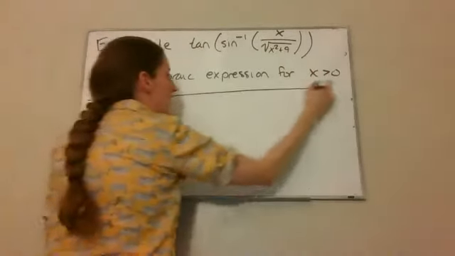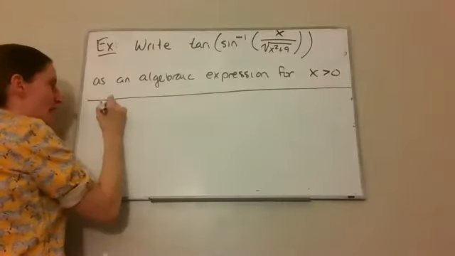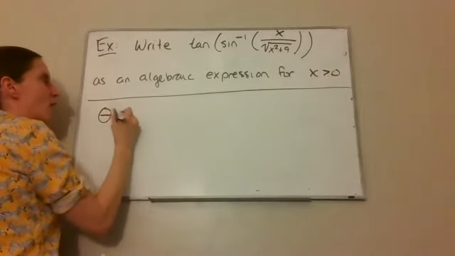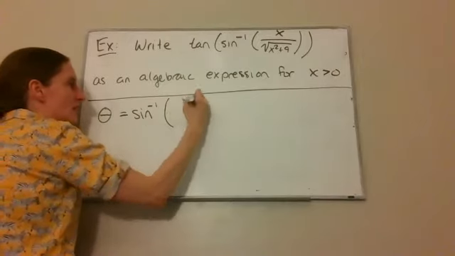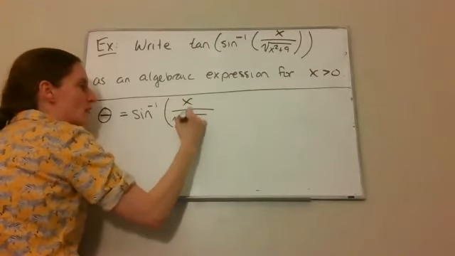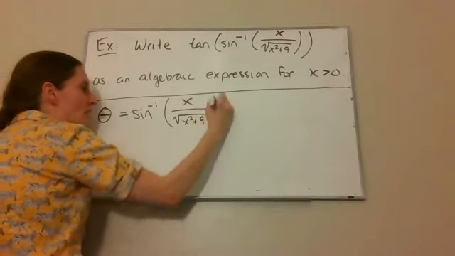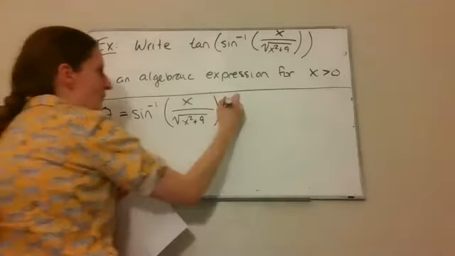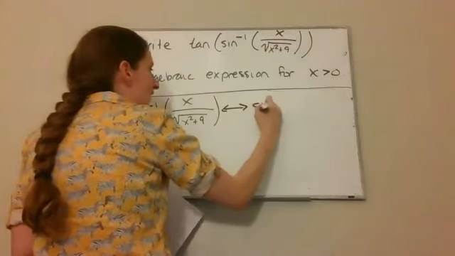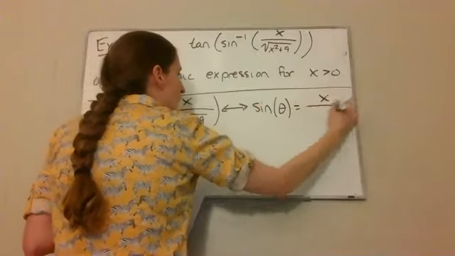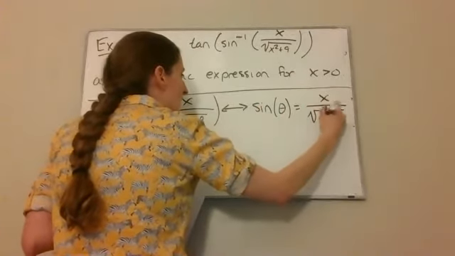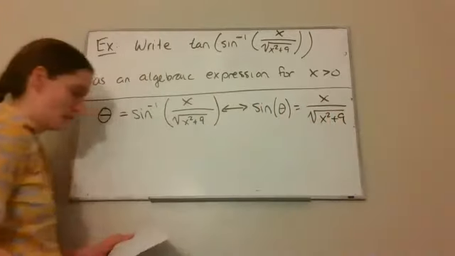Well, the first thing I would do is say that my angle theta is equal to sine inverse of x over the square root of x squared plus 9. And that means that sine of theta is x over square root of x squared plus 9.